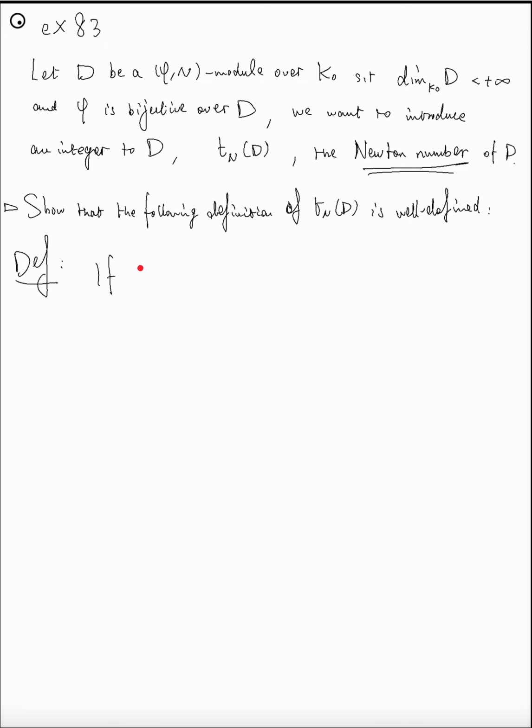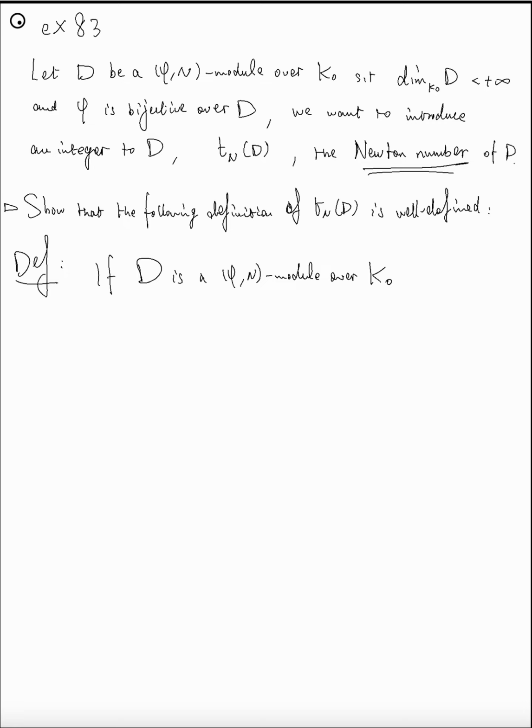If D is a phi n module over K0, actually we only work with a very simplified case.